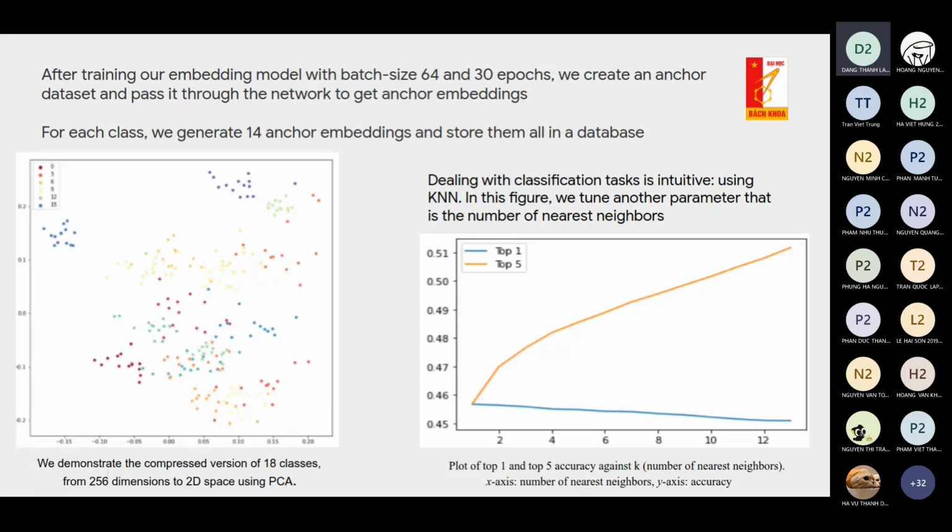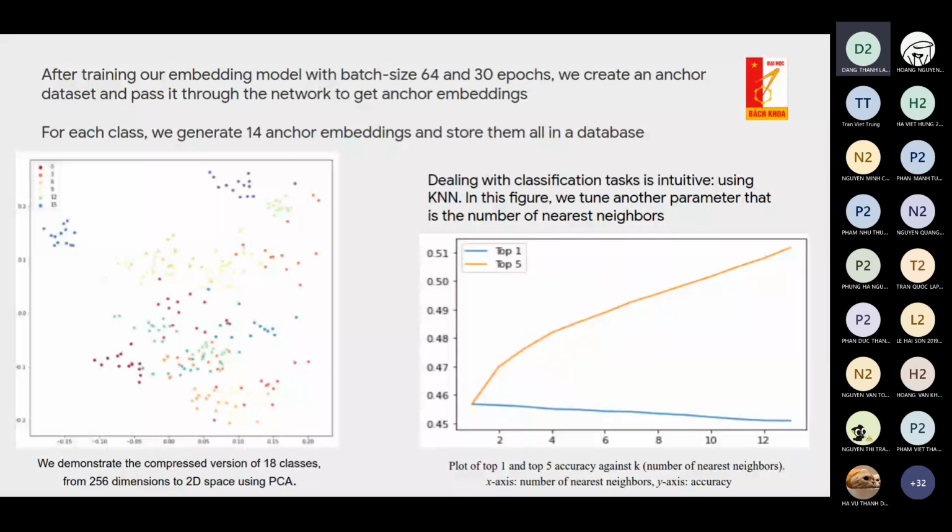About the classification phase, after we have the embedding vector, we use KNN to classify, with the number of neighbors as I said before.